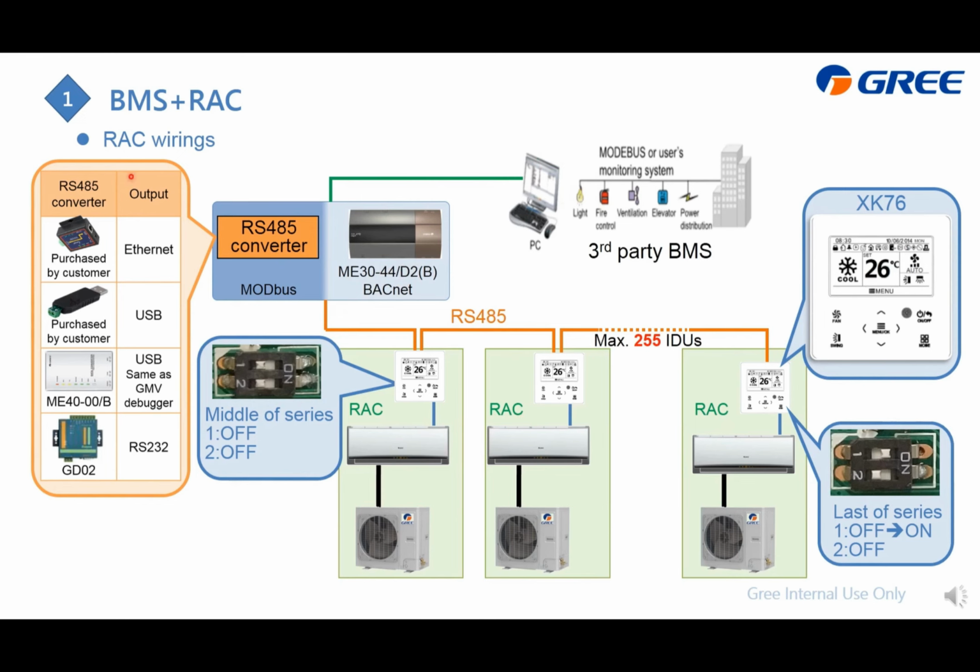As for this RS485 converter, if you apply the Modbus protocol and choose from our Gree products, we can provide you this ME40 and GD02. These 2, according to the output, are USB and RS232. You can also buy from your local market.